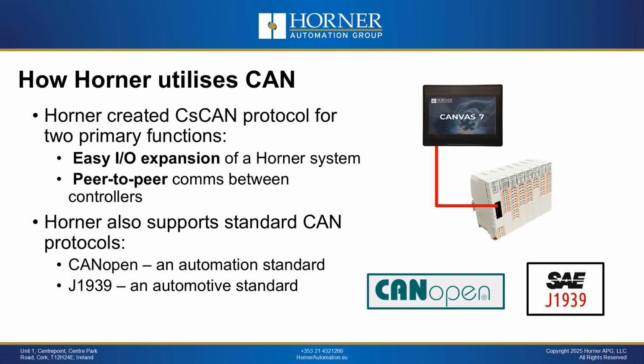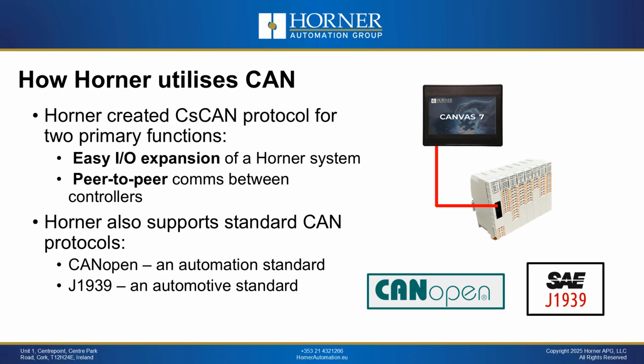We primarily use CAN for two functions: easy I/O expansion for all Horner systems and peer-to-peer communications between Horner controllers, and to accomplish that we invented our own protocol on CAN called CSCAN, and it has been around for a while.